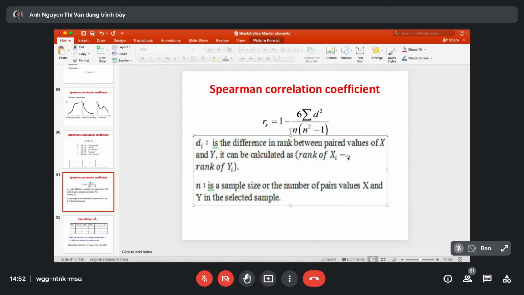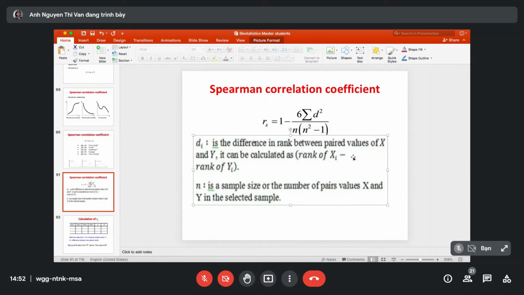Okay, so here we will use D. So what is D in this case? Trịnh Châu Mai. Yes. D is the difference between two values in one pair.